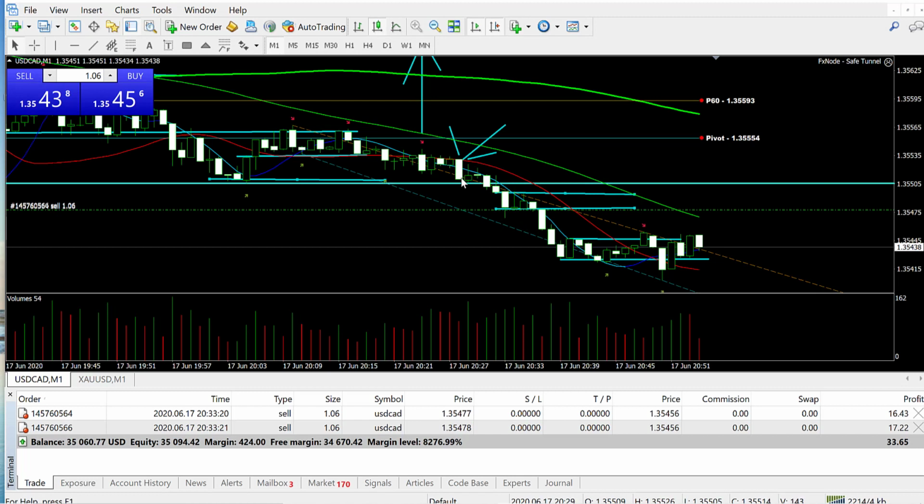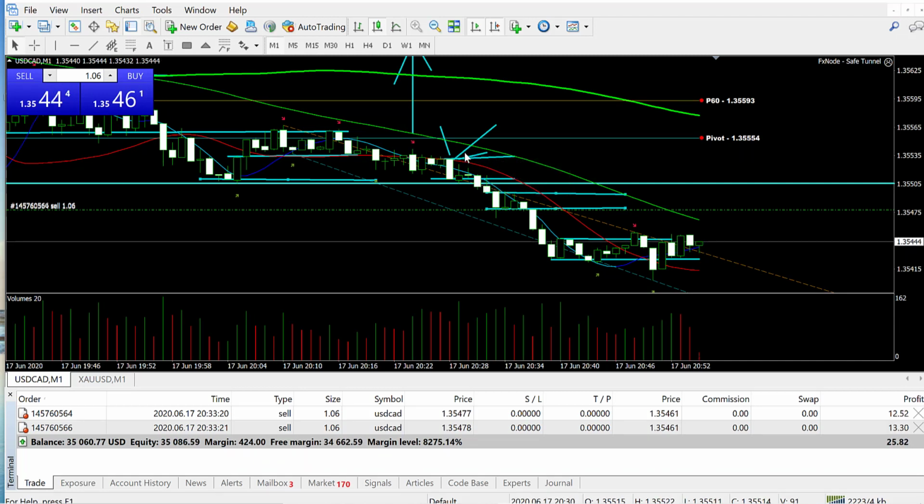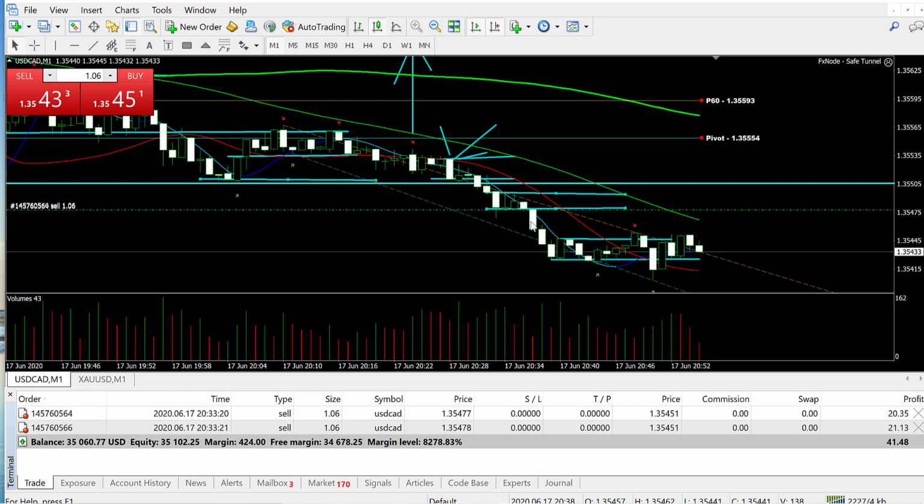So when you see this exhaustion candle and the market goes sideways, if you place a trend line above and a trend line below, if the candlesticks and the market go above this trend line here, then your trade's going in reverse and you're looking for a long. If the candlesticks go below this trend line here, then you're looking for a short.